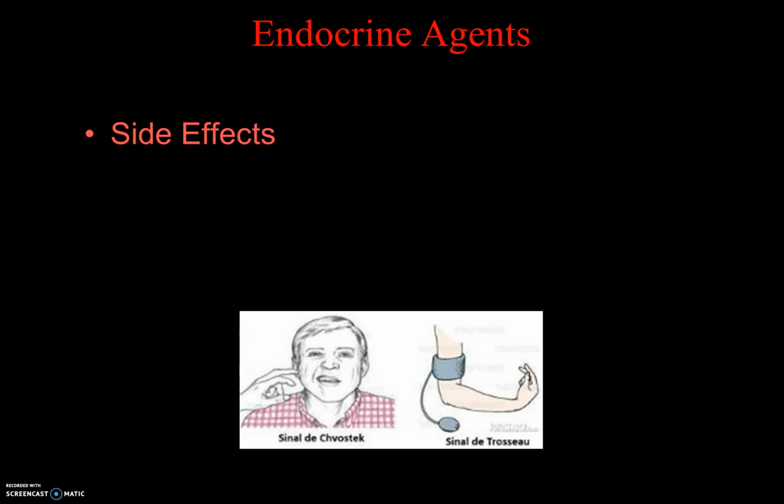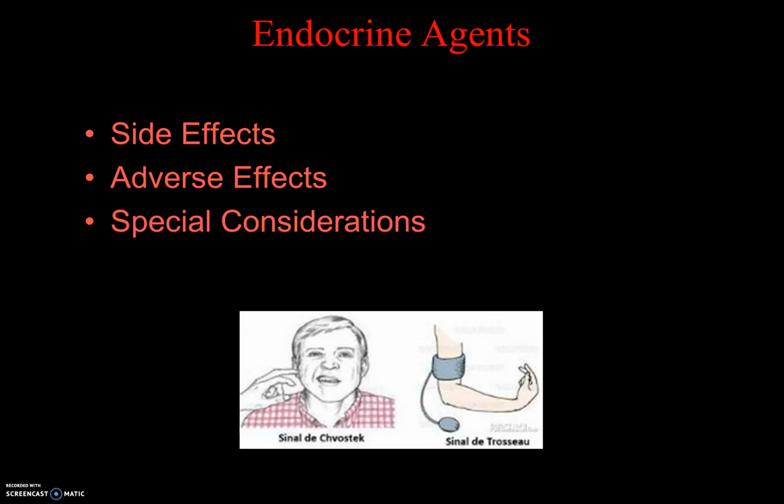Those side effects are going to be headache, somnolence, weakness, dizziness, malaise, conjunctivitis, photophobia, rhinorrhea, dyspnea, abdominal pain, anorexia, constipation, dry mouth, increased liver enzymes, metallic taste, nausea, polydipsia, vomiting, weight loss, albuminuria, azotemia, decreased libido, nocturia, polyuria, pruritus, hypercalcemia, hyperthermia, bone pain, muscle pain, arthralgia, metastatic calcification, pain at the injection site, allergic reactions, chills, and fever. Adverse effects are going to include pancreatitis.